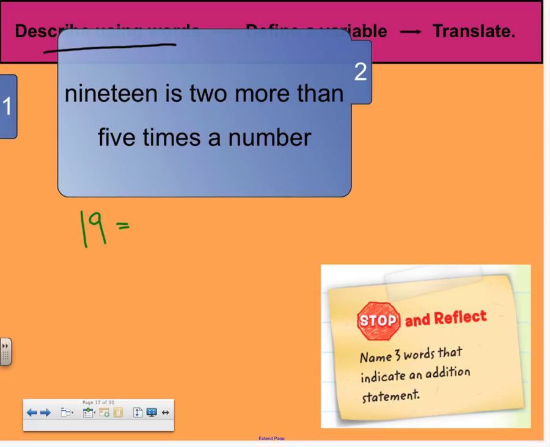Equals. 2, and then, very good, plus. All right, 19 equals 2 plus 5n. So we have taken this word sentence, described it in words, broken it down and replaced those words with numbers, and we've translated it into a number equation, okay?